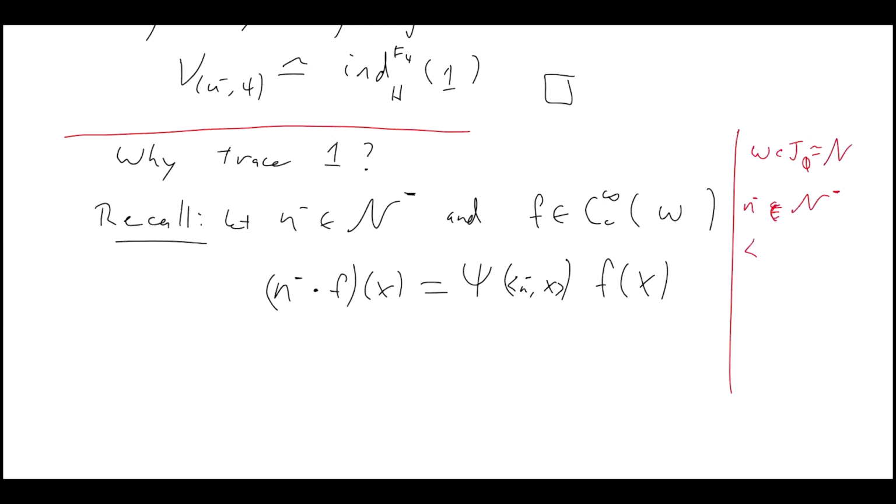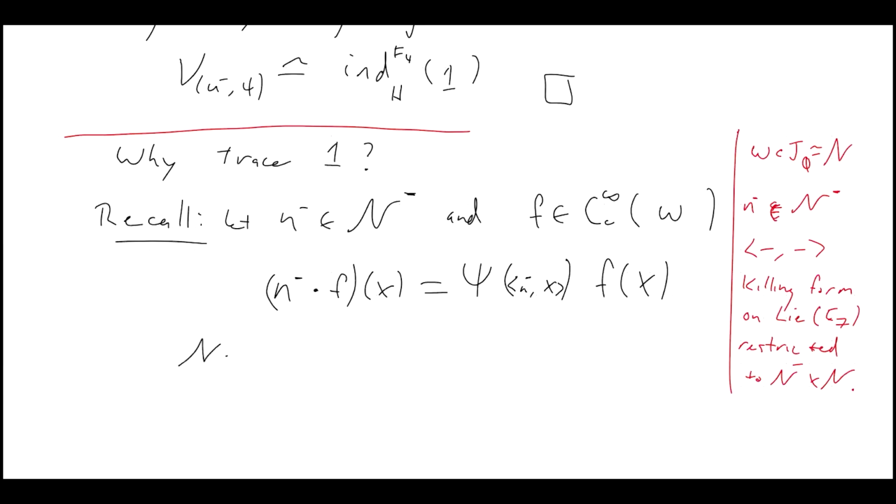So this pairing is really just coming from the Killing form on the Lie algebra of E7, but right now we're just restricting to n and to n minus. Okay, but we have the following. So we have this pairing on n and n minus.